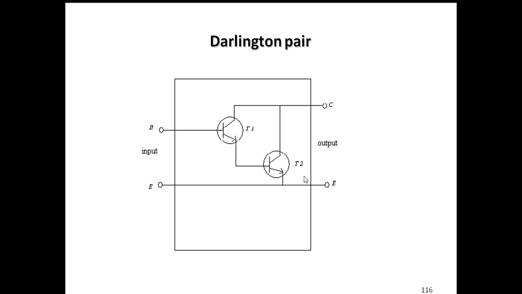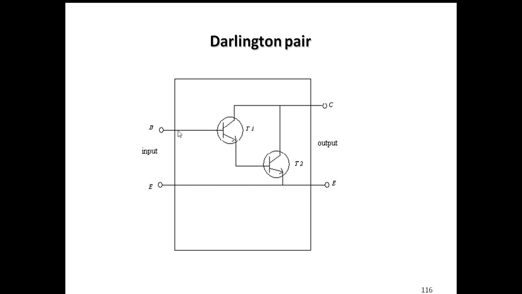Here two transistors are tied. Okay, how they are tied: the first stage transistor emitter is connected to the second stage base, that is the T2 base, and both the transistors' collectors are tied and taken as a single collector.